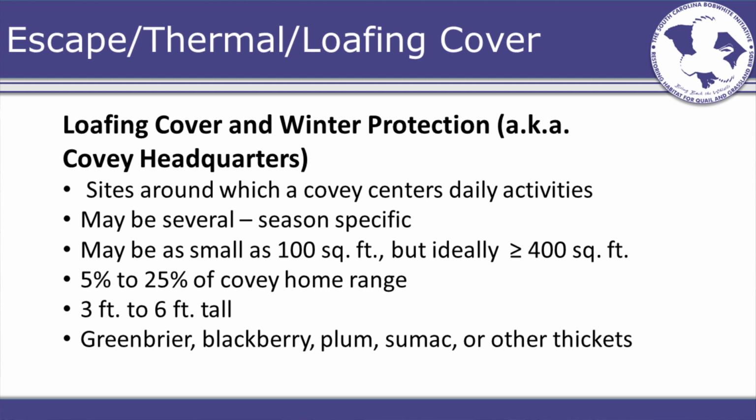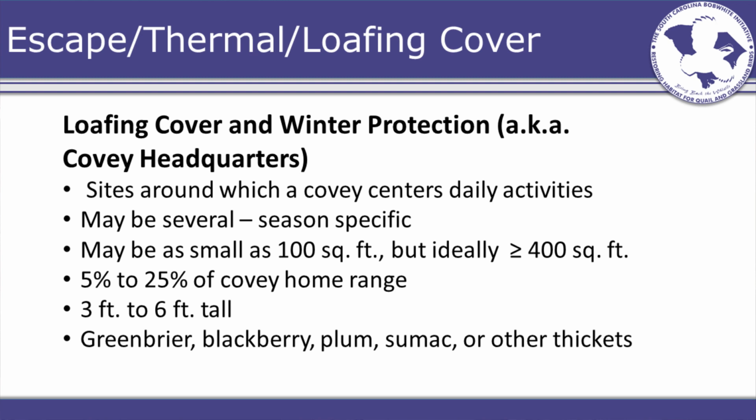We want this to occupy about 5 to 25% of the covey home range. We're looking for vegetation that's anywhere from 3 feet to 6 feet tall, and still have room underneath for the birds to get into.